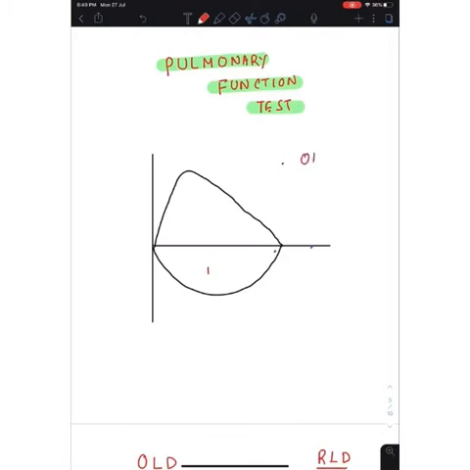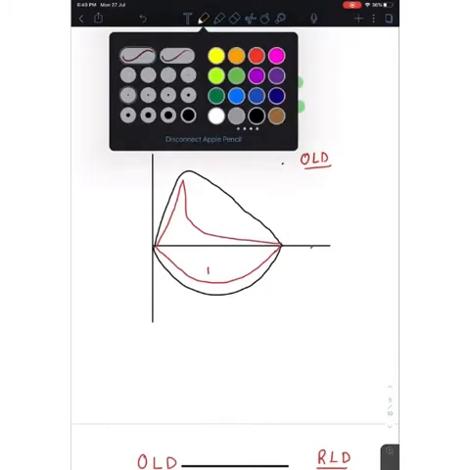So for obstructive lung disease, I am drawing it in red. You will see it's a totally normal inspiration, but the expiration takes much more time. So this is the graph you will get in case of obstructive lung disease.